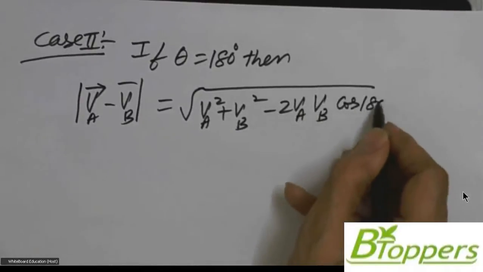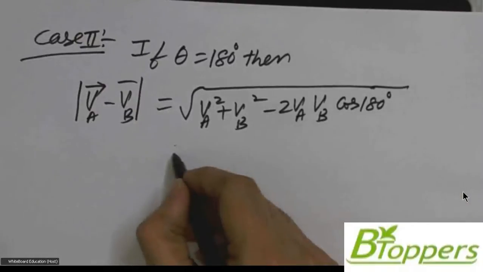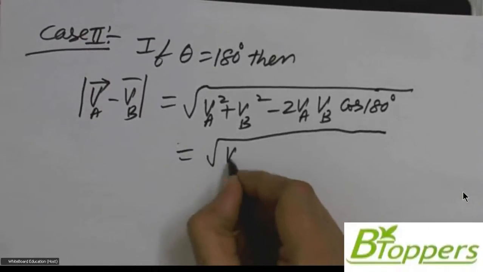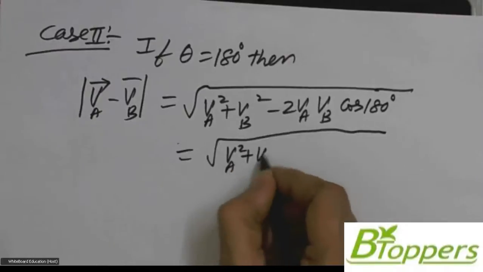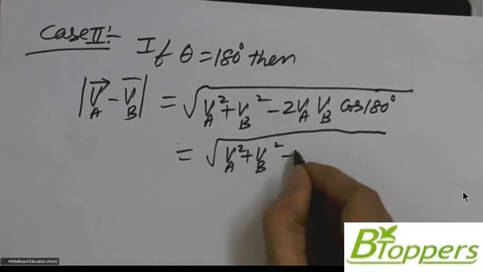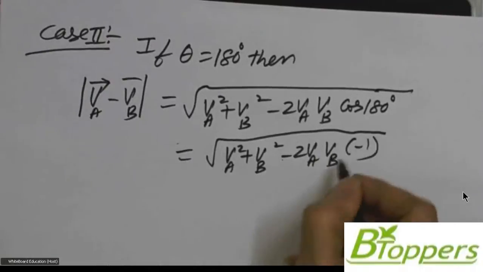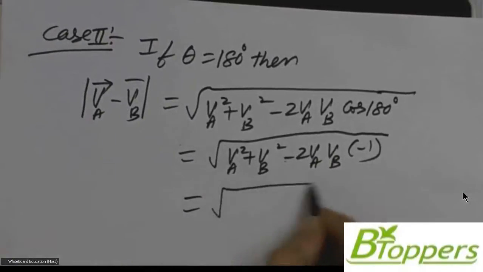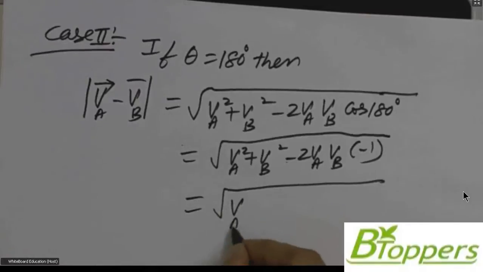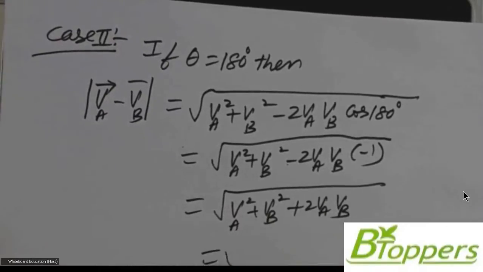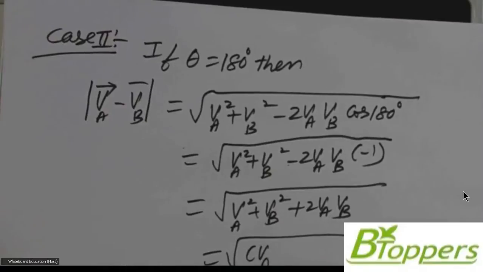And substitute here theta equal to 180 degrees. So the value of cos 180 degrees equal to minus 1. So you get under root of VA square plus VB square plus 2VA VB, which you may also write as under root of VA plus VB whole square.